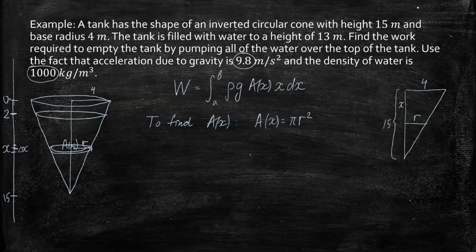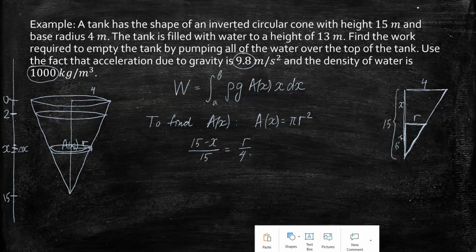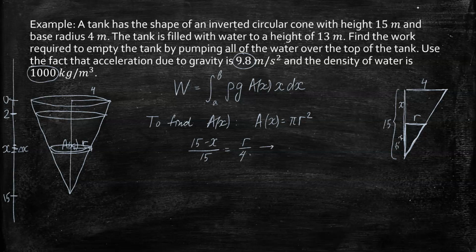We're going to use the fact that these triangles are similar, so the small triangle and the large triangle are similar. That means 15 minus x over 15 is the same as r over 4, which allows us to find r as a function of x. So r will be equal to 4/15 of 15 minus x.